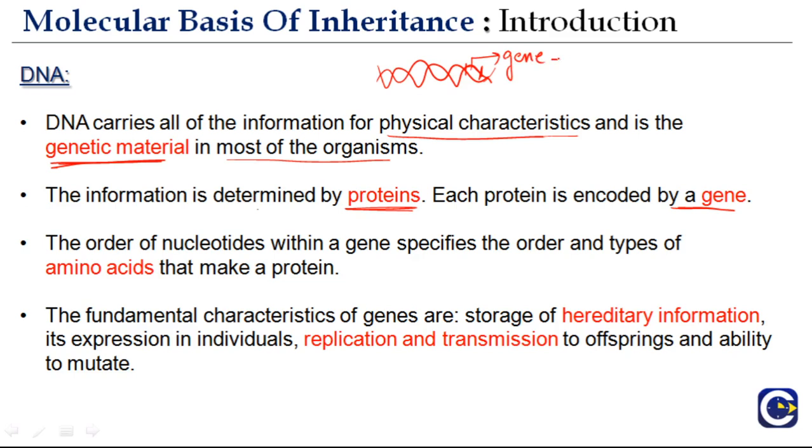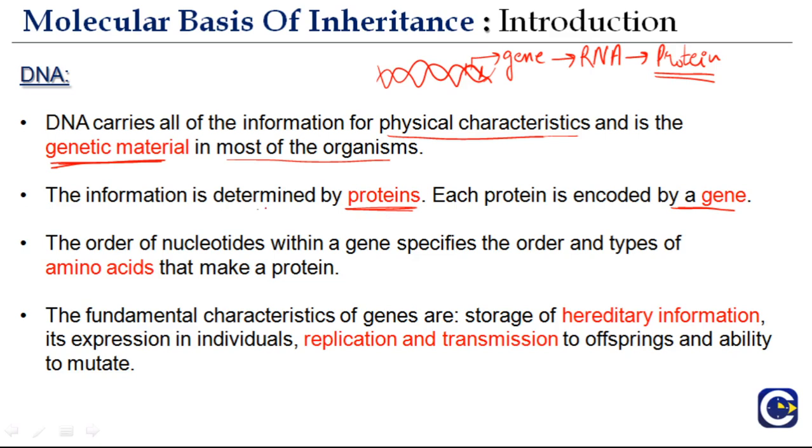This gene can be transcribed into RNA that will further be translated into protein, and this protein will contain all the information for the physical characteristics. So the physical characteristics are determined by the genetic material, by a gene that can be transcribed to RNA and then into protein. We will learn about each of these processes in this chapter, in the subsequent parts.